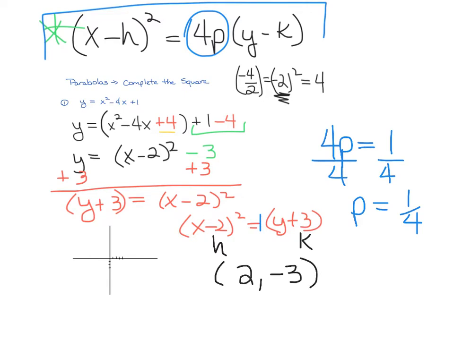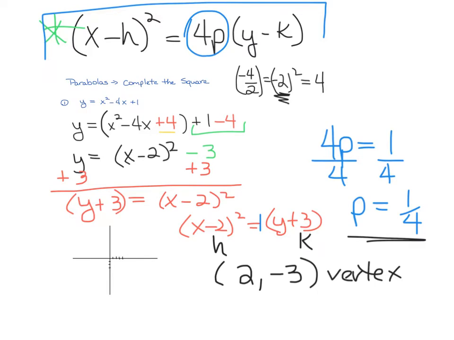And now to find the focus and the directrix, remember the distance that the focus and the directrix is from this vertex is the p-value. So let's go ahead first and graph the parabola. Then we'll go back and calculate the ordered pair for the focus and the equation for the directrix.